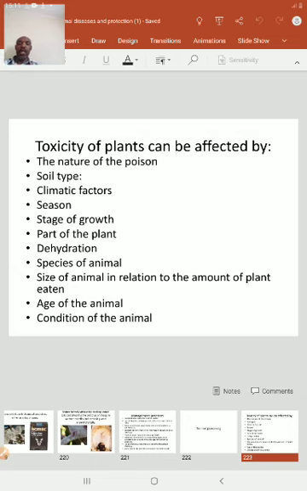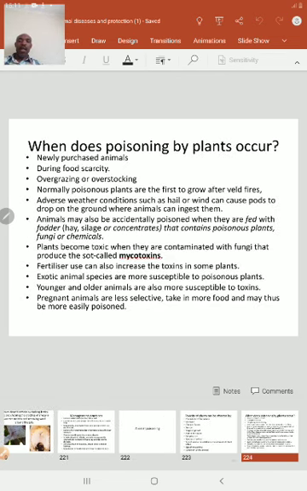Animal poisoning. Plants can be toxic due to all these factors, as you can see there. It happens when you have purchased new animals, during food scarcity, or overgrazing.